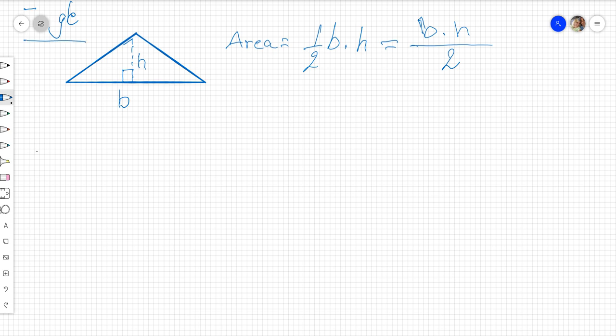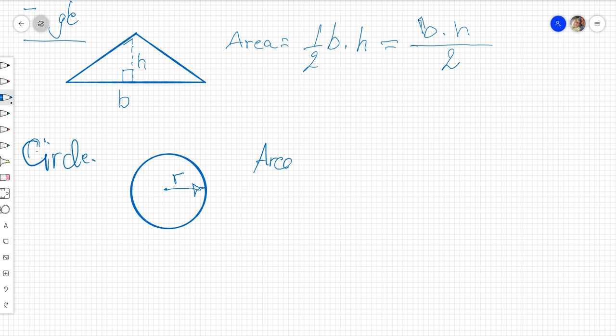Okay, circle. If we have a circle like this, and we have the center and the radius, the area is equal to pi r squared, and pi is equal to 3.14.